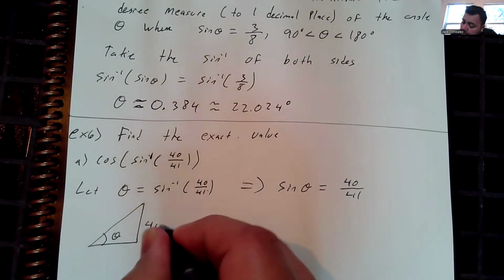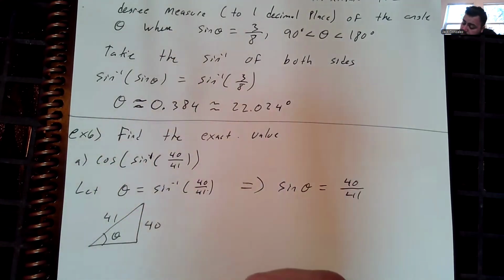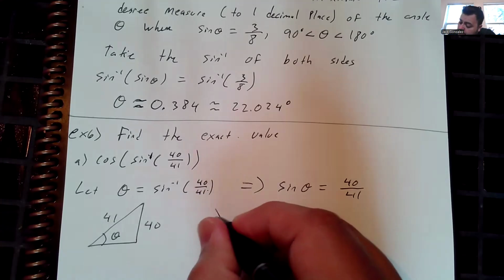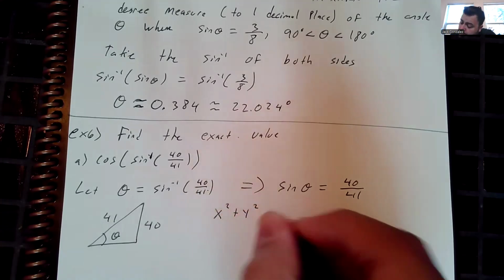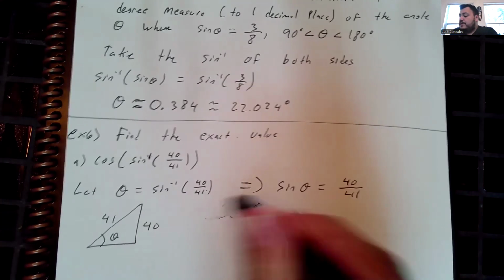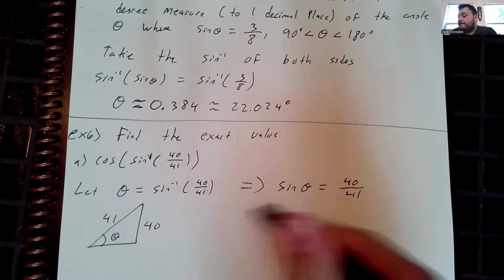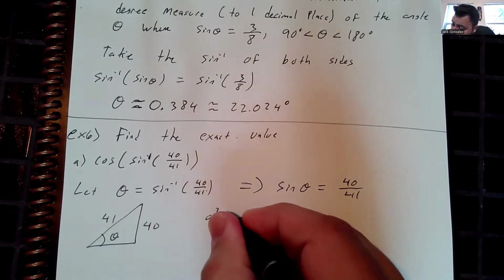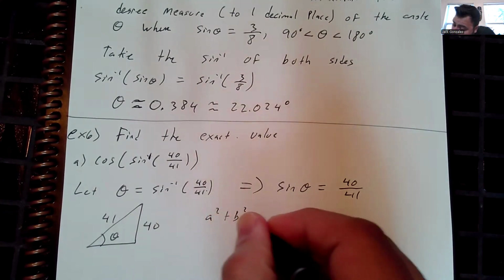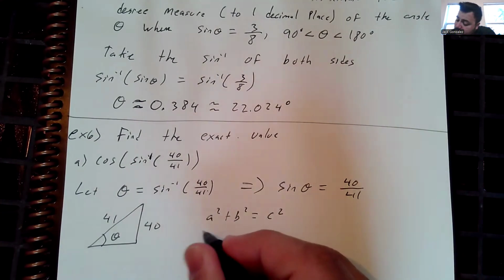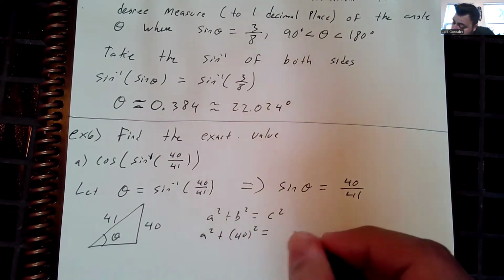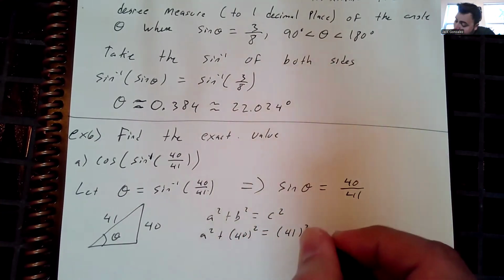We know this is equal to opposite over hypotenuse. So solve for this missing side, right? We know that x squared plus y squared, or we usually use a and b, sorry, a squared plus b squared is equal to c squared. So that's going to be a squared plus 40 squared equal to 41 squared.